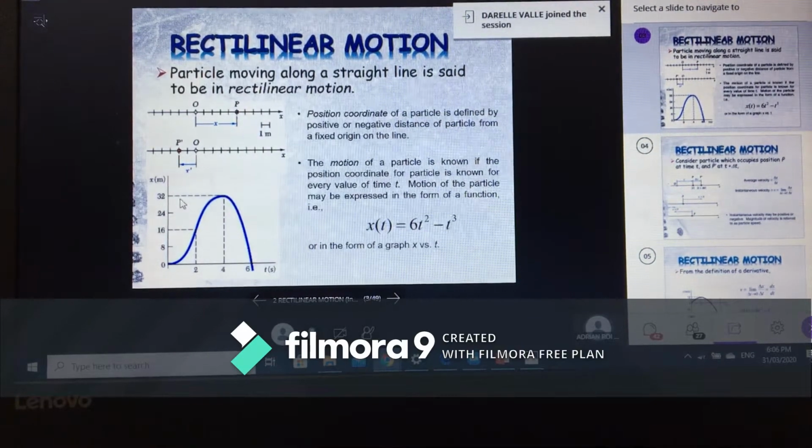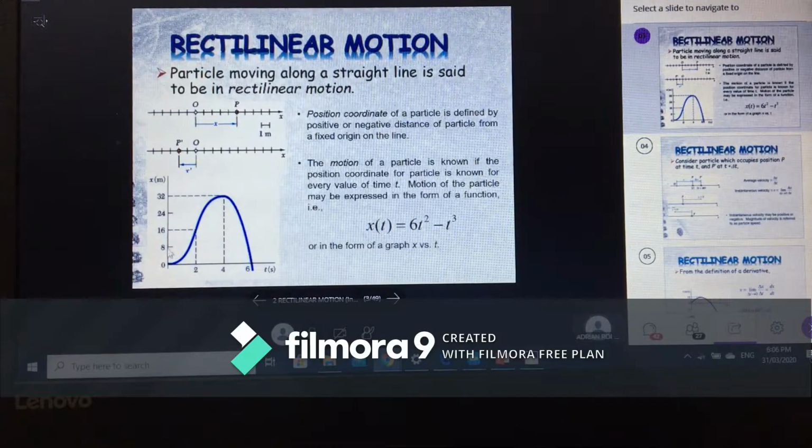So we have here x, the vertical line, representing the displacement or the distance traveled by the particle with respect to time, which is the horizontal part. Okay, so when you graph this function, makikita natin class na graph or drawing ito siya, itong kulay blue.